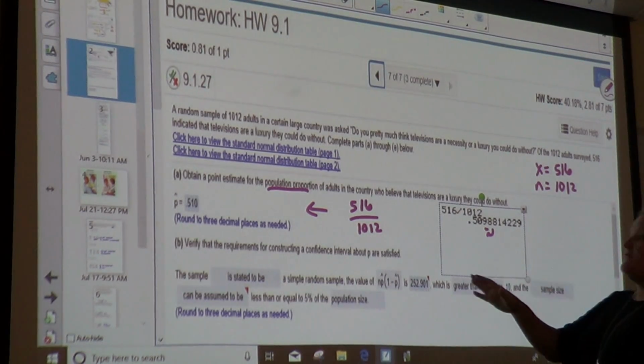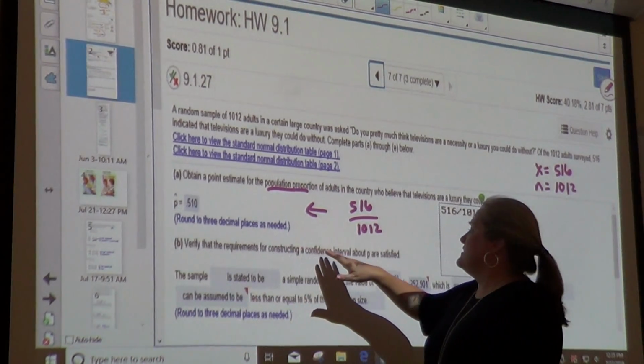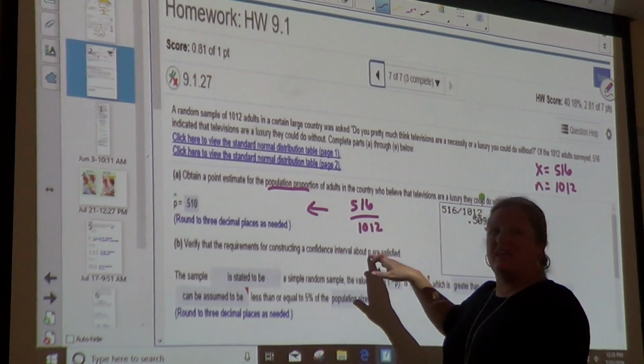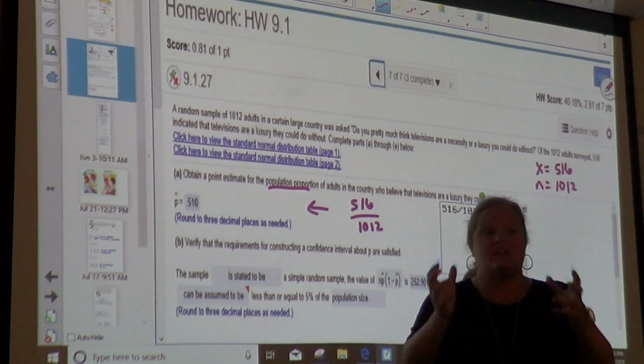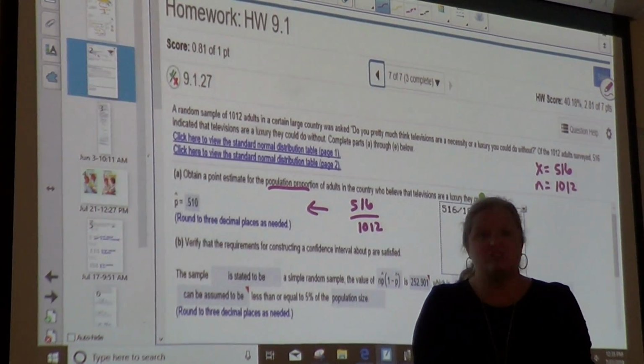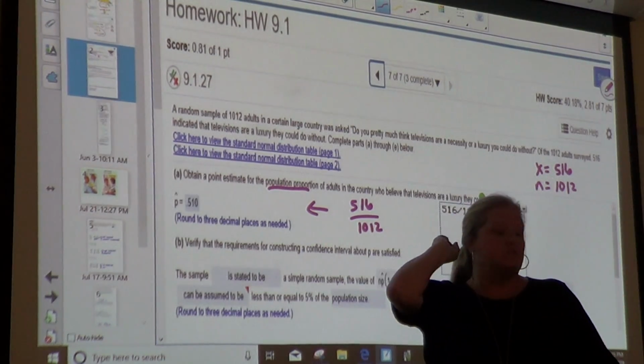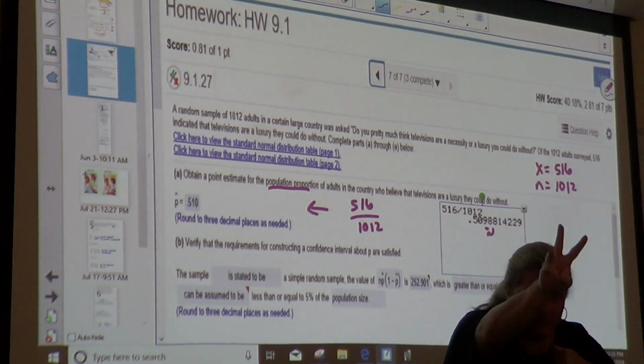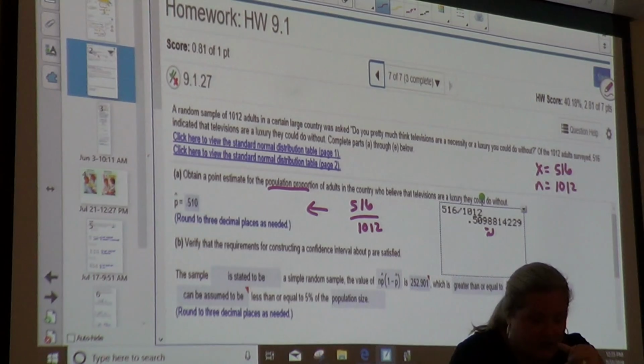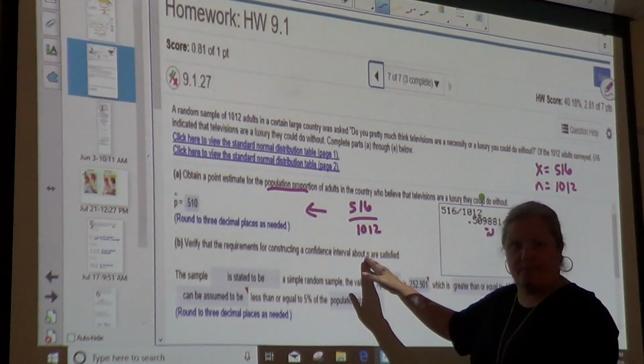Now, verify that the requirements of the confidence interval about P are satisfied. Now, if this was an N problem, we would say N is greater than or equal to 30. But this is a P problem.